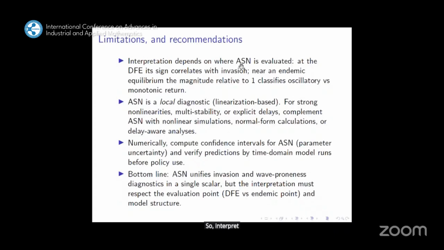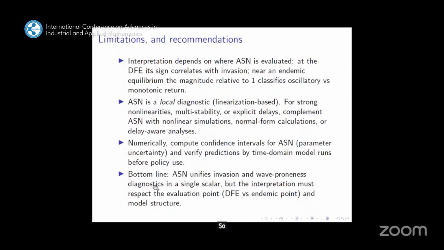So interpretation depends on the value of ASN, the Atangana strength number, and also the local diagnostics. For strong nonlinearities, multi-stability or explicit delay, complement the Atangana strength number with nonlinear simulations, normal form calculations, or delay-aware analysis.